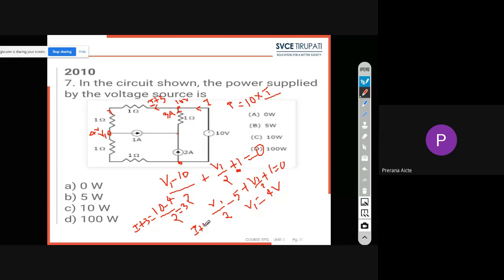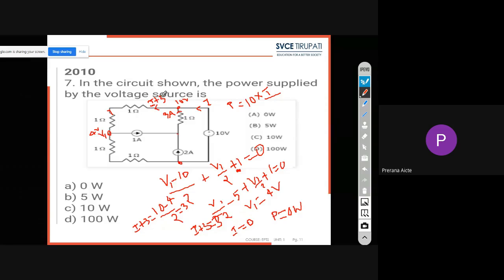Then what is the value of I? I is 0. So the current is 0, which means what is the power? 0 watts. So that is the answer. Is it clear or any doubt?